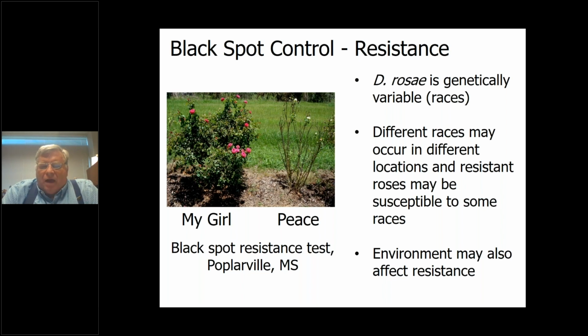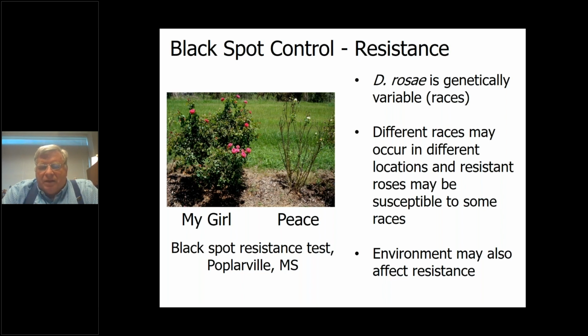So that tells you that in one part of the country, something may look resistant and may not look resistant in another part of the country, and something that may have been resistant in your garden for many years may start to show some symptoms of black spot, because this fungus is capable of mutating.